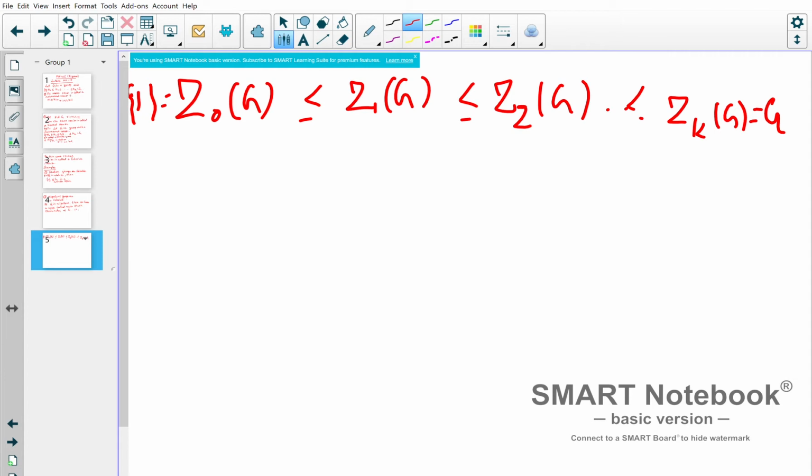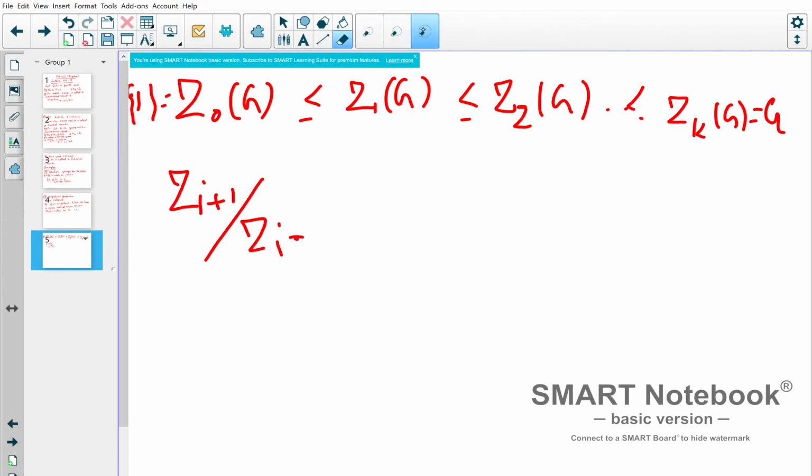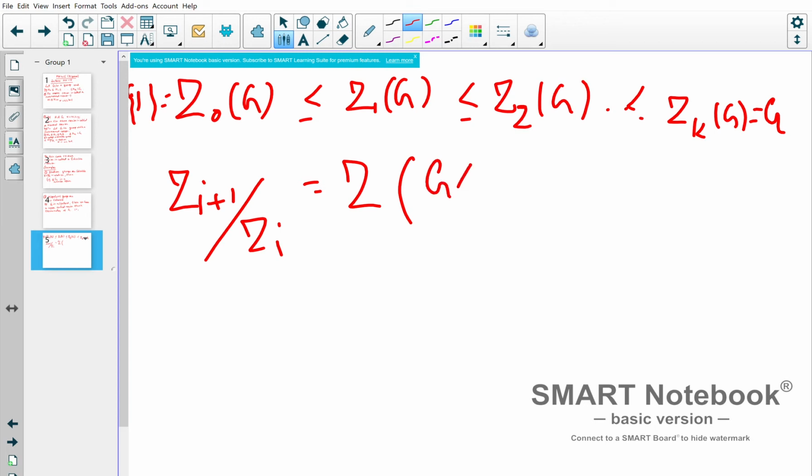The known fact is that Zi plus 1 mod Zi is actually the center of G mod Zi. This was our definition of the upper central series.